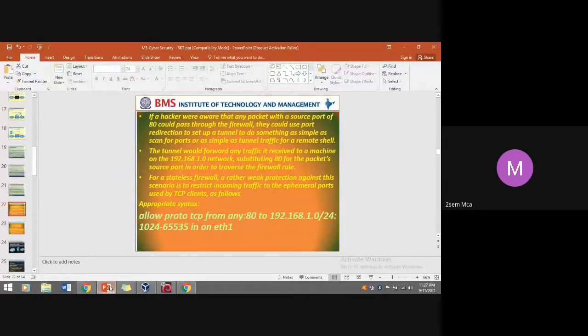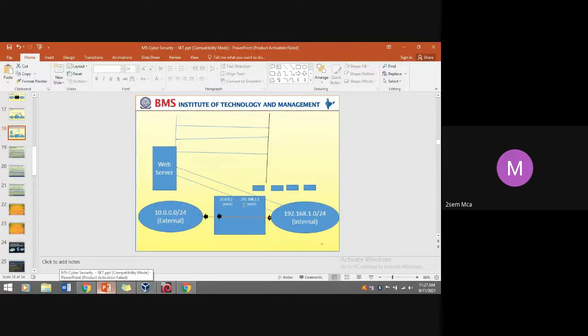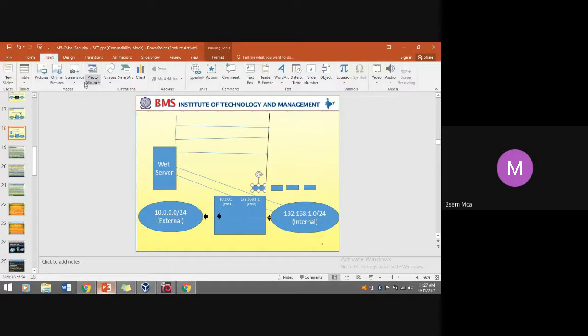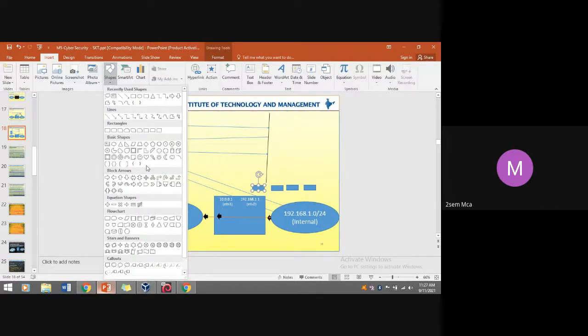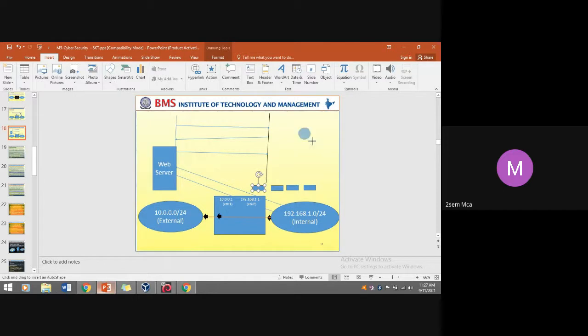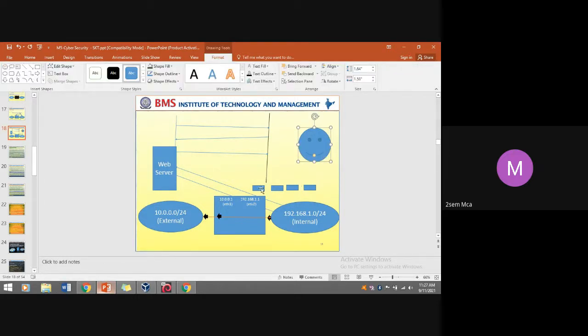So, how can a hacker exploit this opened port? If the hacker is monitoring your traffic from somewhere away, and the firewall always allows port 80, how is the hacker going to exploit that?